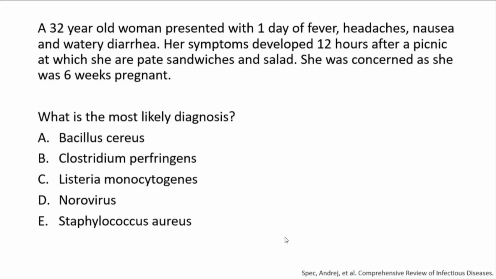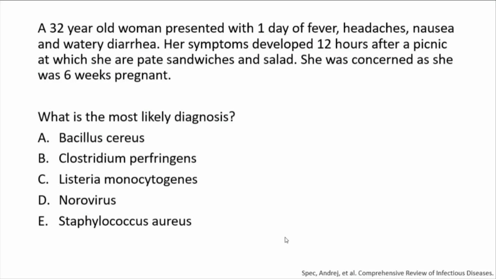Because of the time frame, Listeria would be too short an incubation. Staph would be a lot shorter. What could it be? Fever, headache, nausea, watery diarrhea. Clostridium more than Bacillus would be more like the repeat. It's the rice in the picture. Pate sandwiches.